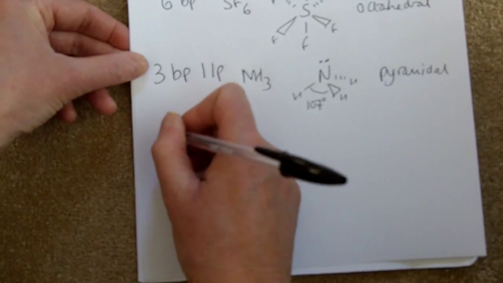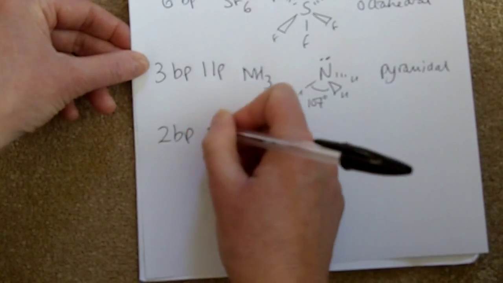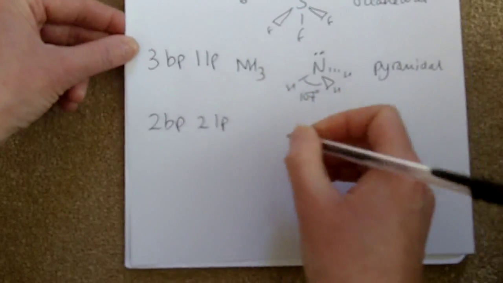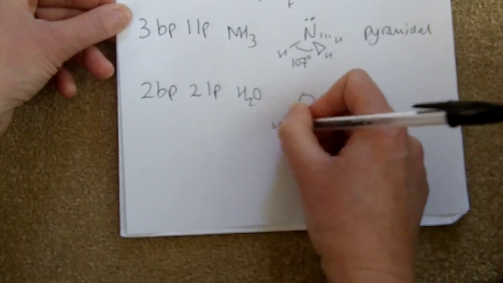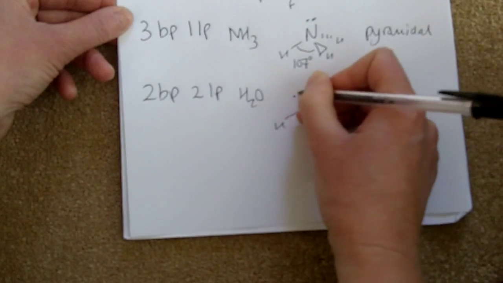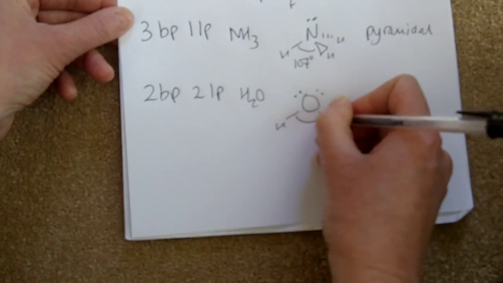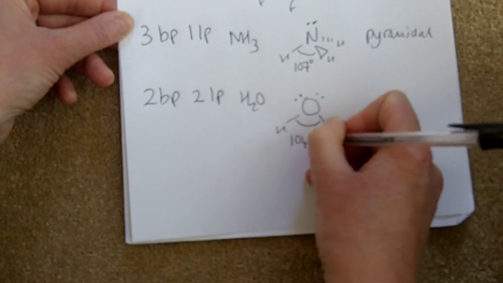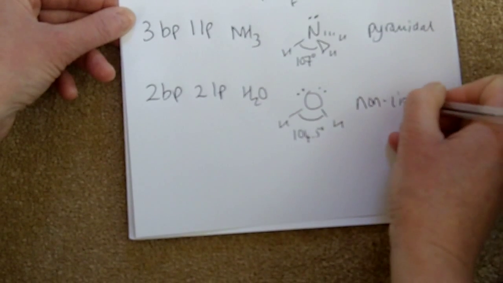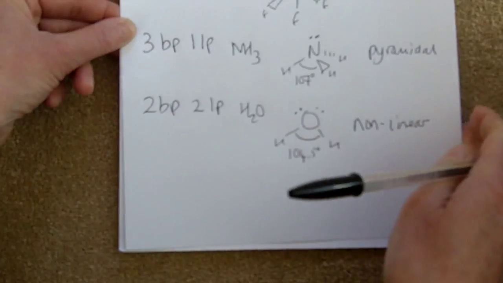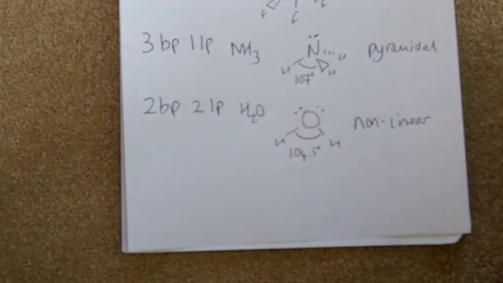If you have 2 bond pairs, 2 lone pairs like water, can you remember what the shape is called? It's a bond angle of 104.5 degrees, and it's non-linear. Now ideally you actually want to see the 3D shapes, because it'll make more sense if you can see them.